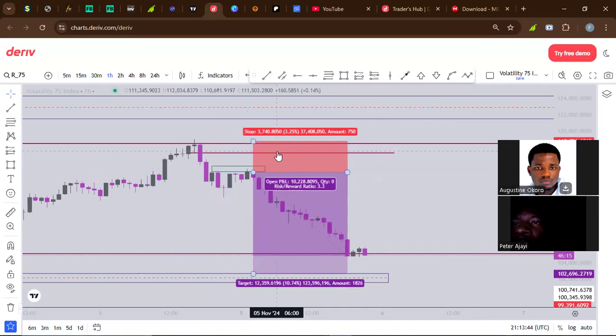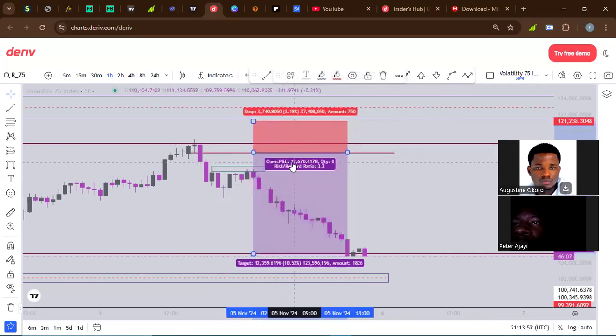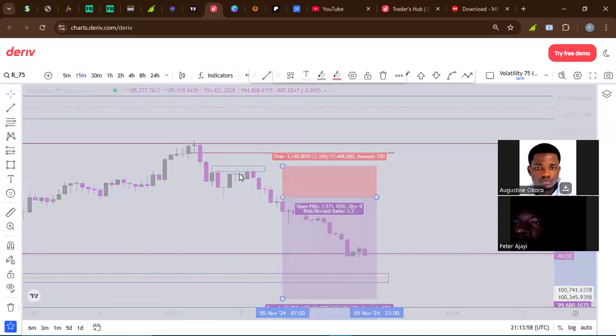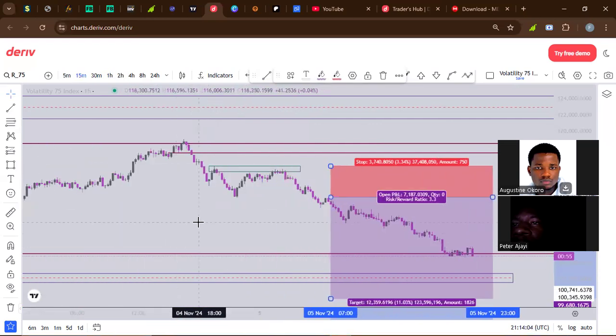That was my analysis. I was expecting the market to get to this place before I enter the trade, then send the signal, then put my stop loss right here. But after seeing this little order block in the 15-minute time frame, I was expecting the market to start dumping from there. So it was just 50-50 for me. That was the reason I didn't take the trade.